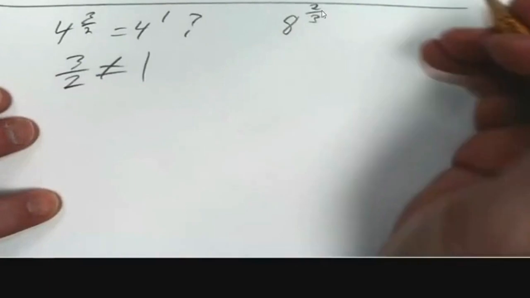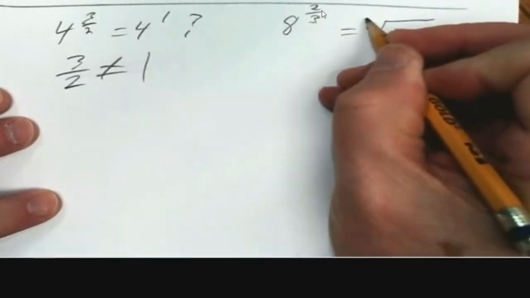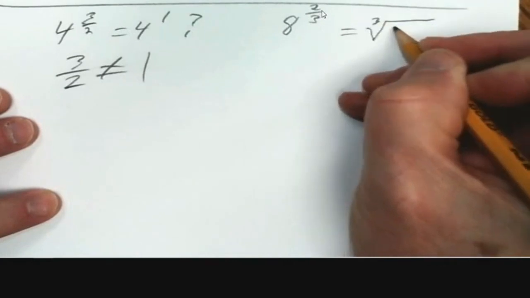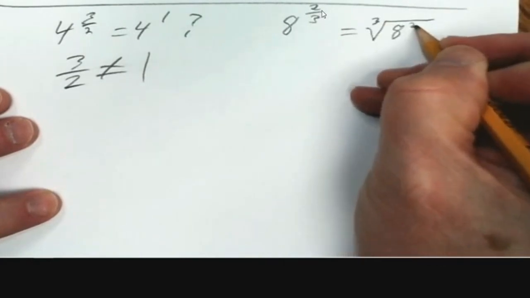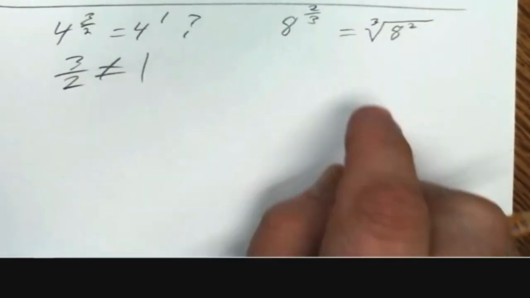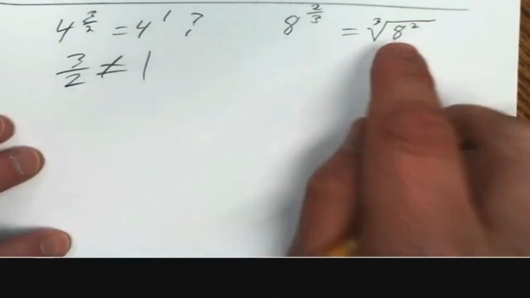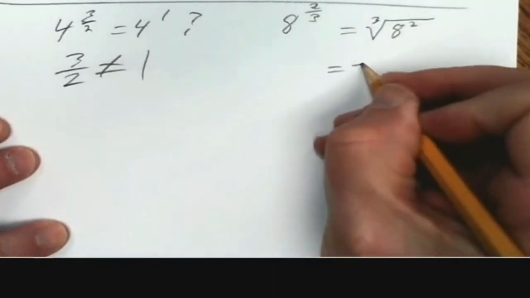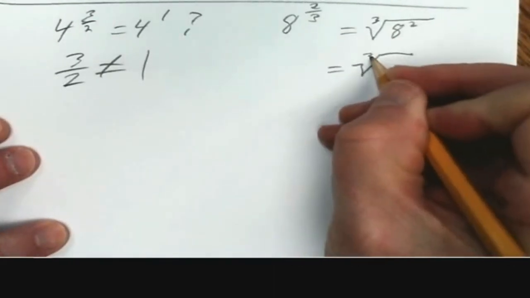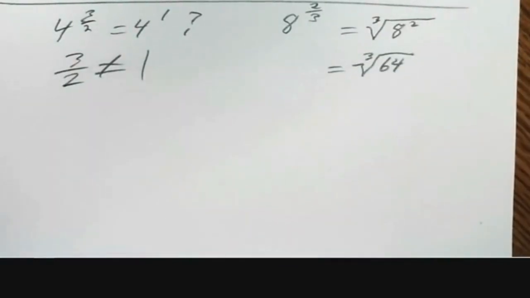What is this though? So let's rewrite it this way. The 3rd root of 8 squared. See, that's just rewriting this as a radical. So what is 8 squared? So we want the 3rd root of 64, the cubed root of 64.